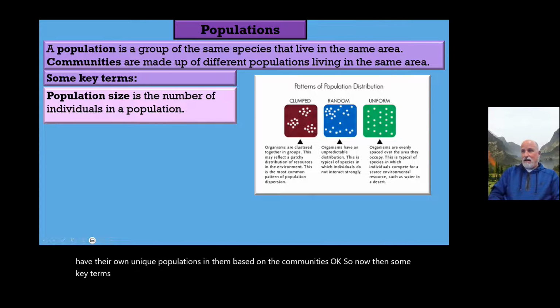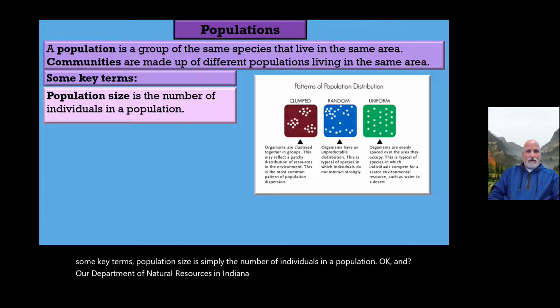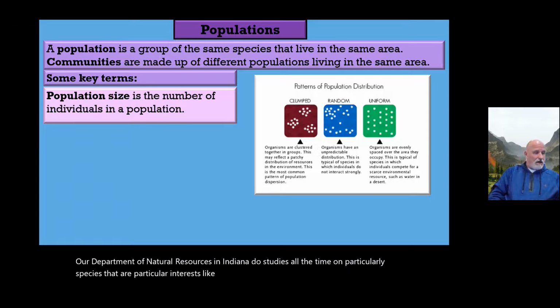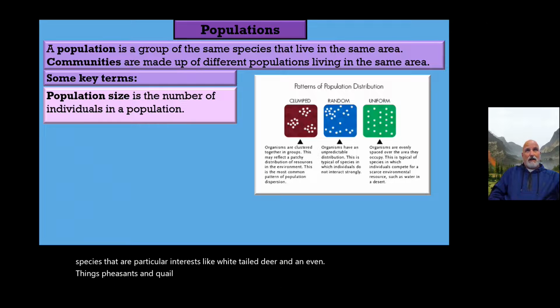Population size is simply the number of individuals in a population. Our Department of Natural Resources in Indiana does studies all the time on species that are of particular interest, like white-tailed deer, and even things like pheasants and quail and turkeys.